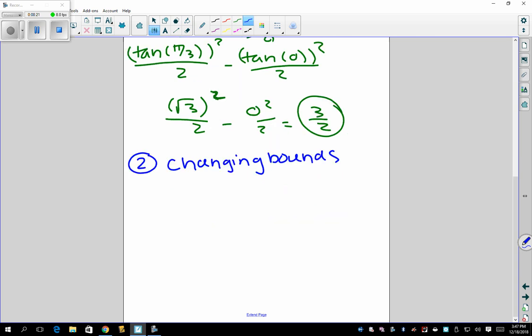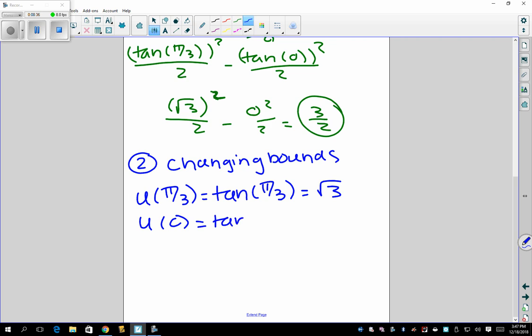What I'm going to do first is find u of pi over 3. u is tangent, so I find tangent of pi over 3, and that is root 3. Then I find u of 0, which is tangent of 0, which is 0.